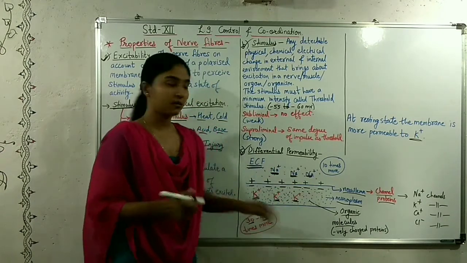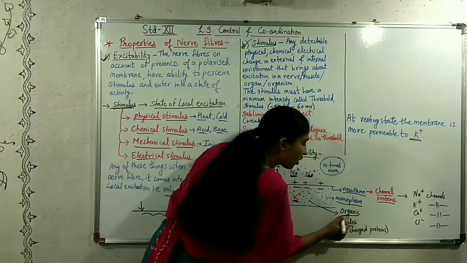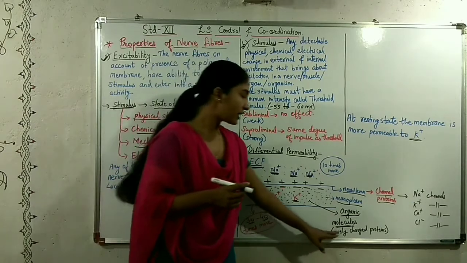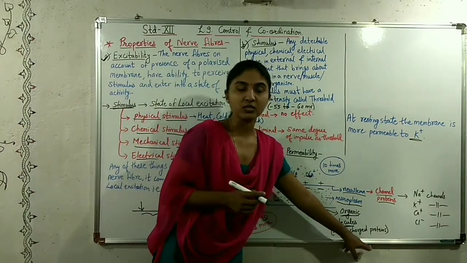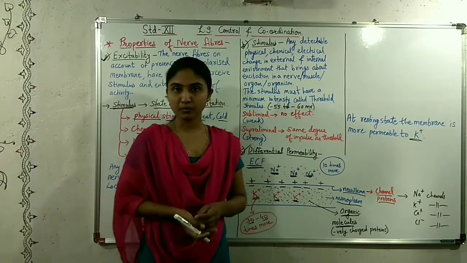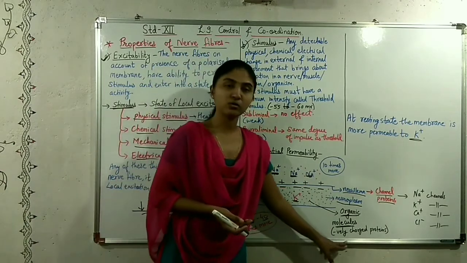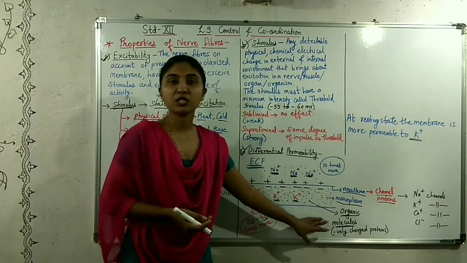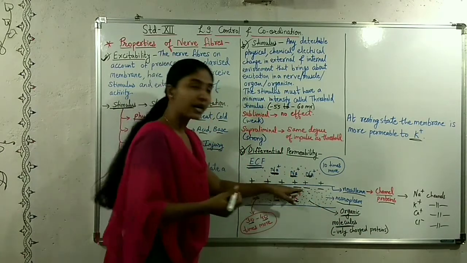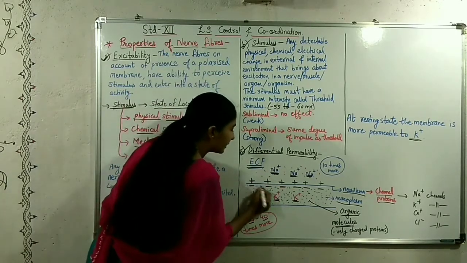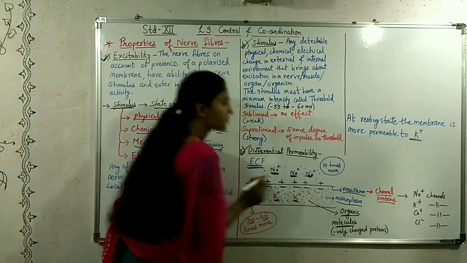This neuroplasm also consists of organic molecules, and these organic molecules are negatively charged proteins. Due to these negatively charged proteins, the inner side of the membrane, the inner side of the neurolemma, gets its negative charge.